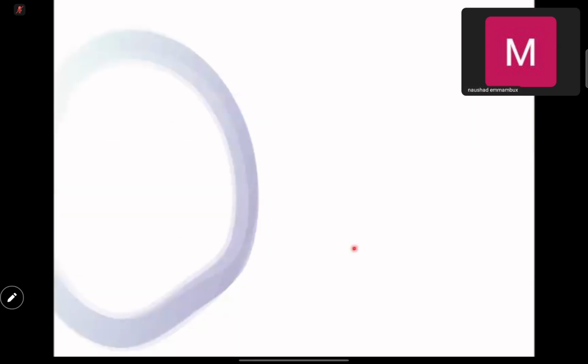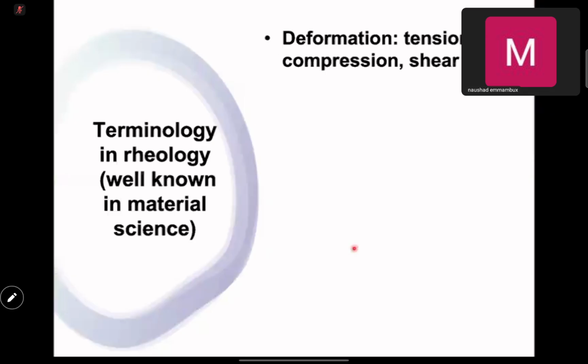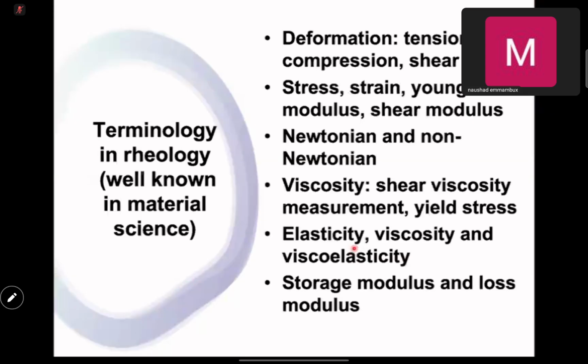But before, my idea in this lecture is to let you know, when you look at a manuscript or a book that talks about rheological properties of food, there is certain terminology that they use. If you can understand this terminology and where it comes from, then you can understand the book, and you can understand the scientific paper you are reading.